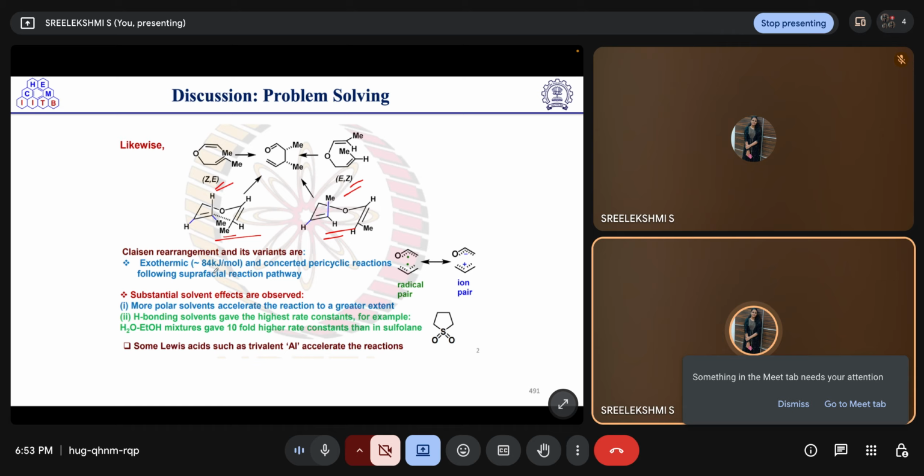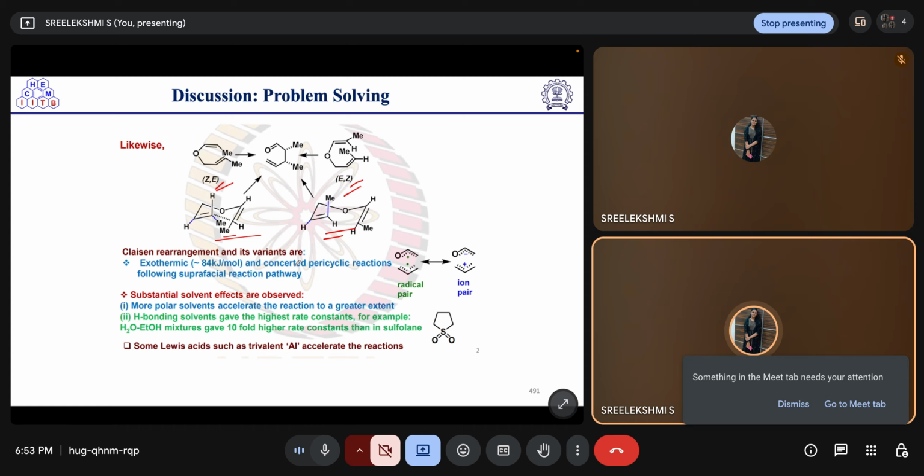So this Claisen rearrangement usually requires very high temperature, and usually it is an exothermic reaction, with energy of about 84 kilojoule per mole. As we said, it is a concerted pericyclic reaction following a suprafacial reaction pathway. Now, solvent effects can also be observed in this Claisen rearrangement.